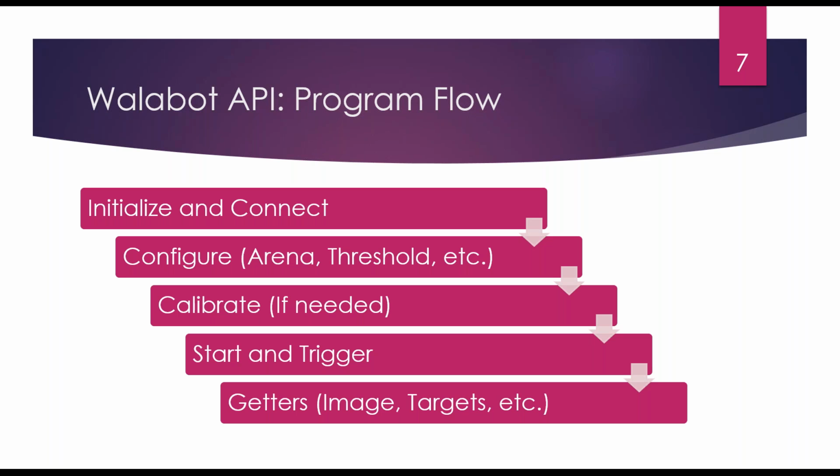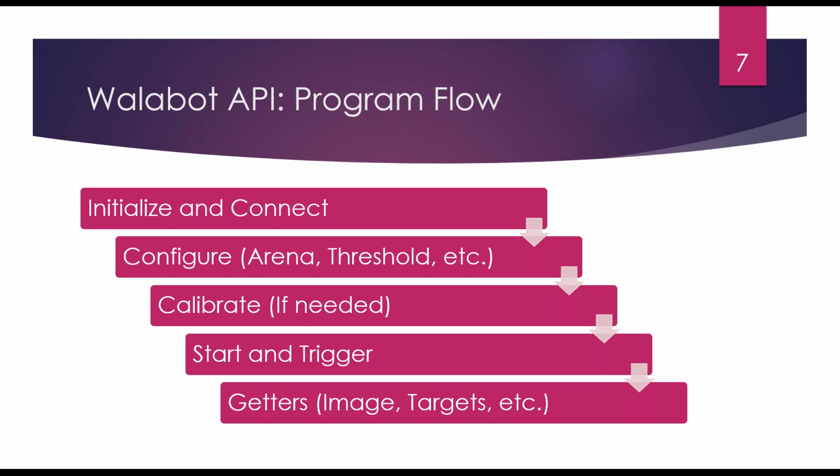After you've done that, you need to start the Walabot. So there's a simple function called start. You use that, and then you can start working with the Walabot. In some cases, you might want to calibrate. Calibration means that at the first attempts of the Walabot, it records the image, and then it subtracts that image from all the other images during the recordings, which means that you won't notice things that are static.